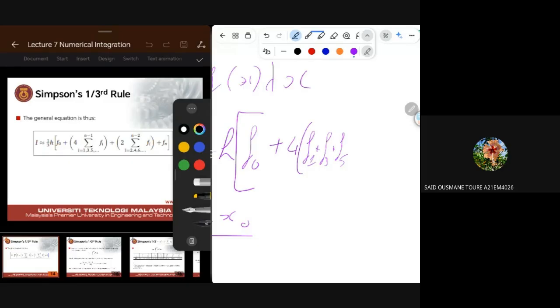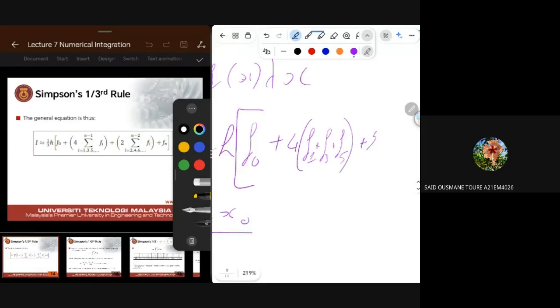Then plus 2 times f2, because f0 is already here and you don't use it again.